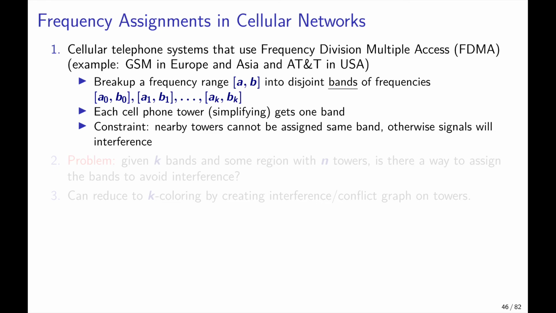You know which antennas are potentially in conflict because somebody can access both of them at the same time, and you create this interference graph between the base stations, and now you want to color it. The number of colors you need is the number of different frequencies you will need to assign to those base stations.